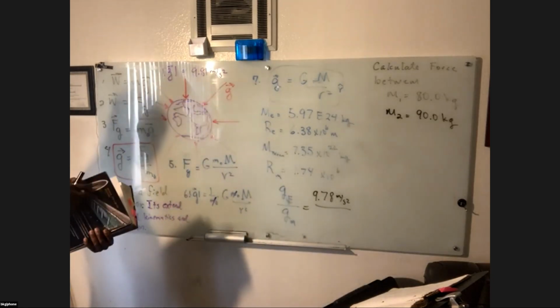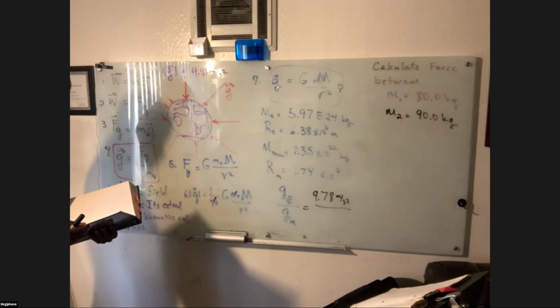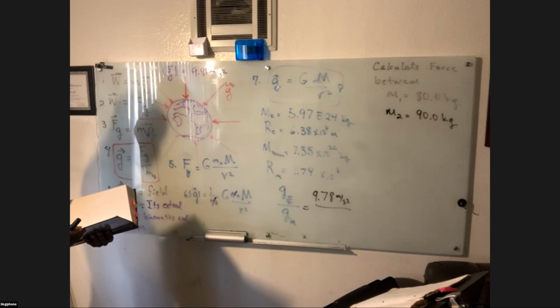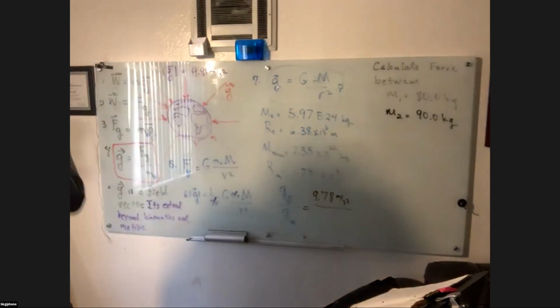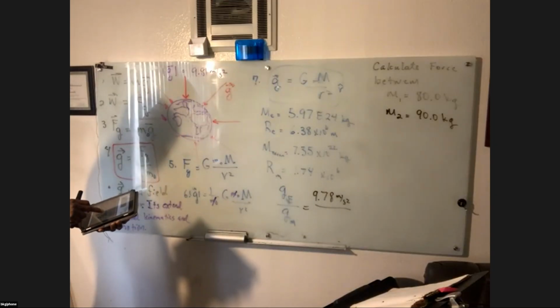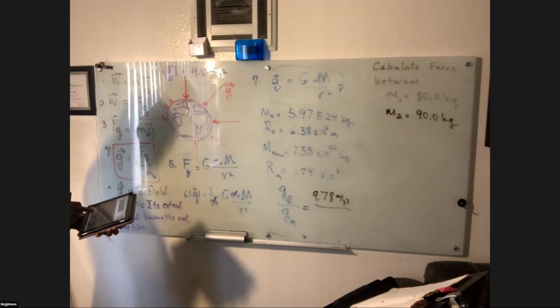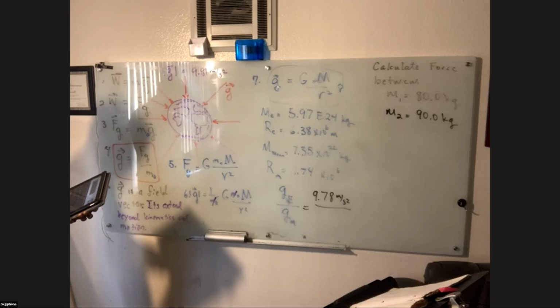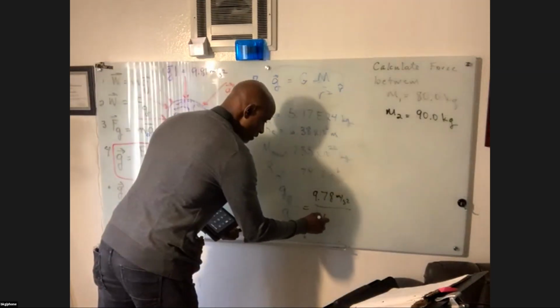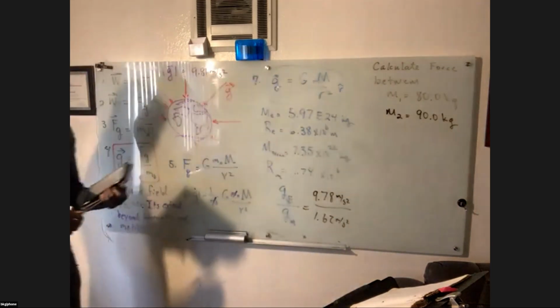It's 1.62, right? Round it up, g for the moon. Okay, 1.62 meters per second squared. So then do the ratio and tell me what that is. 6.03. Yeah.